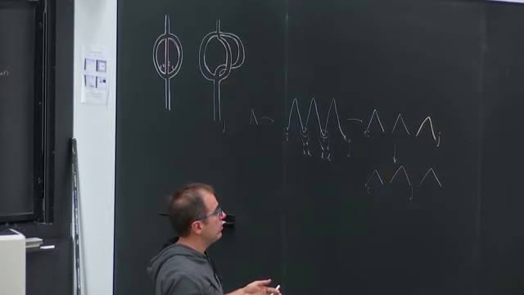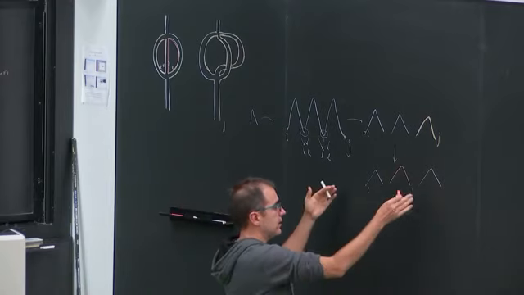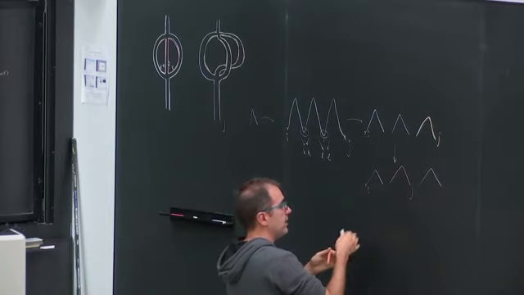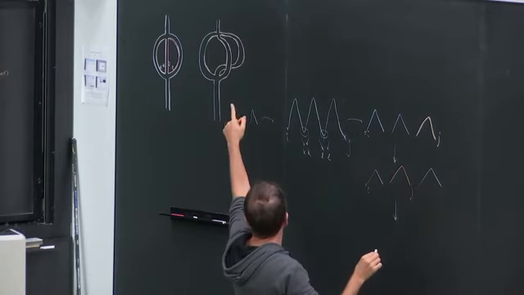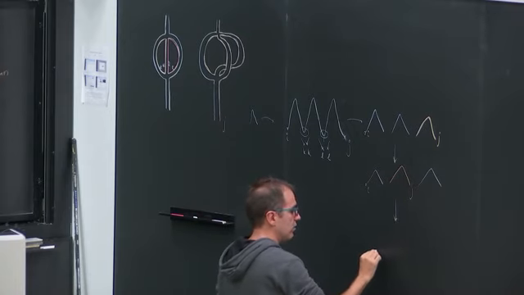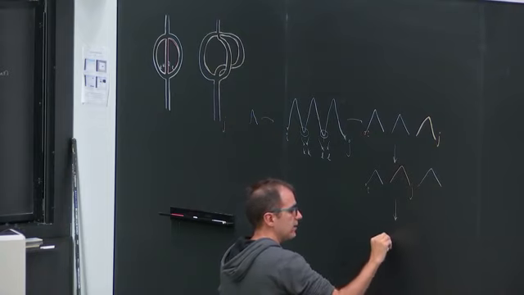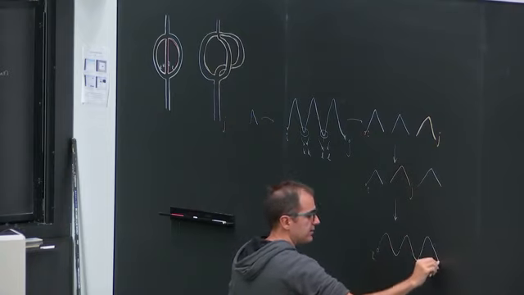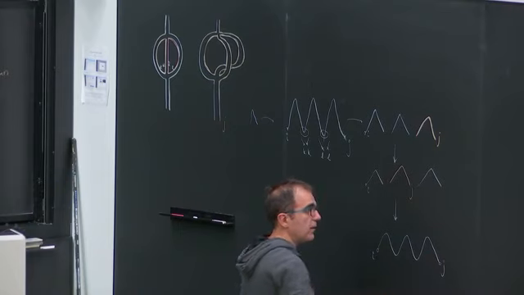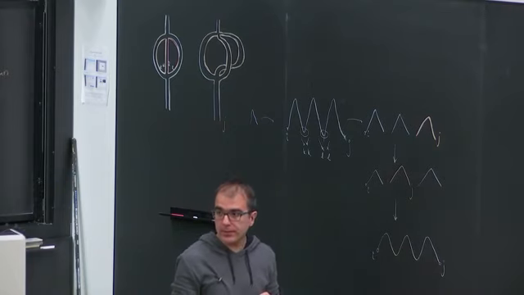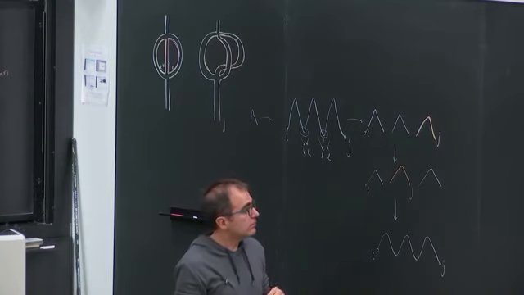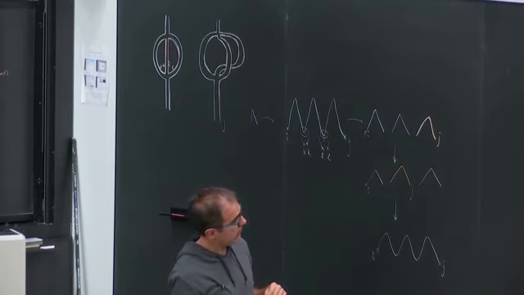And now, these guys, at the end, I want to reconnect to make my string again. So now the goal is to reconnect this and get I here, a reconnected string, and J here. Do you agree? Good.